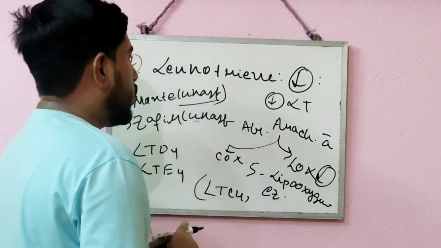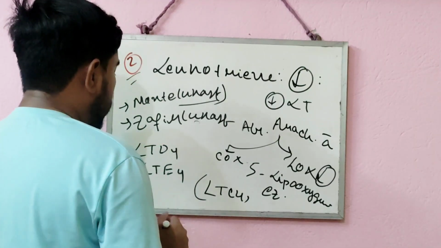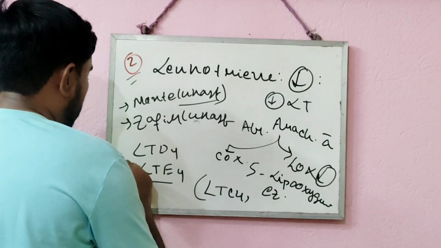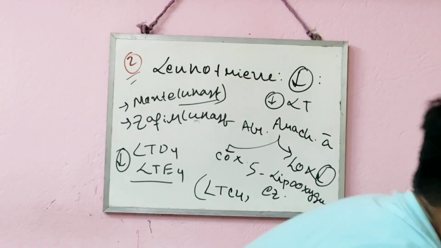So to show the anti-asthmatic action, the drug has to block the action of all the receptors related to leukotrienes.